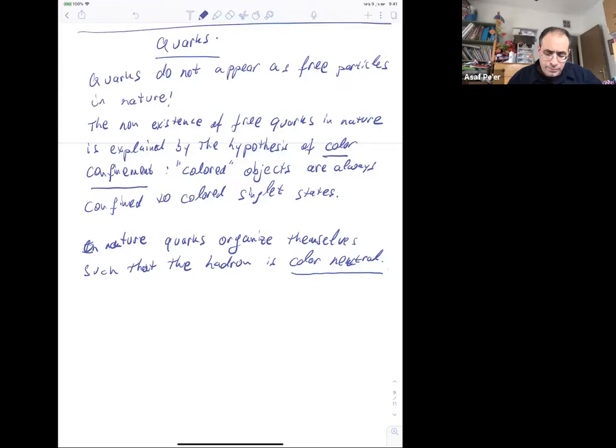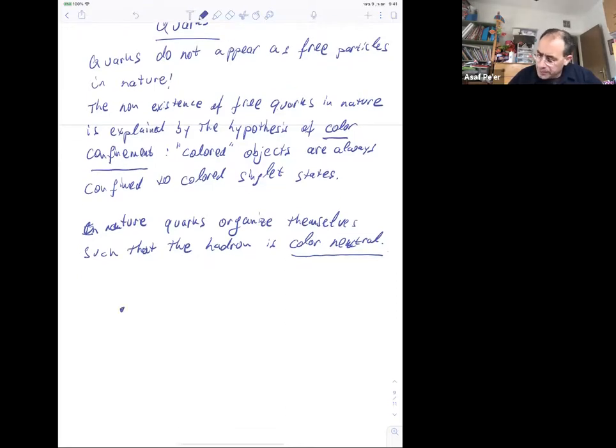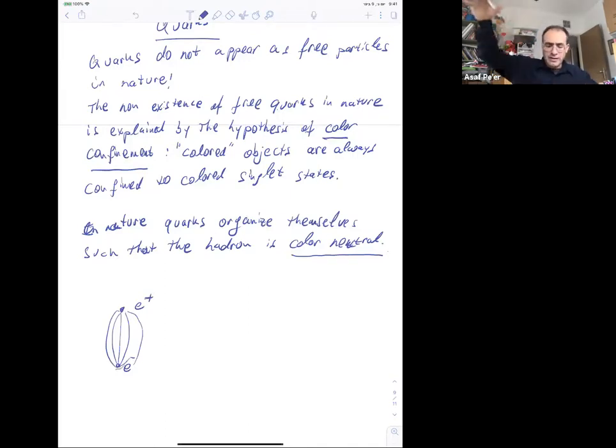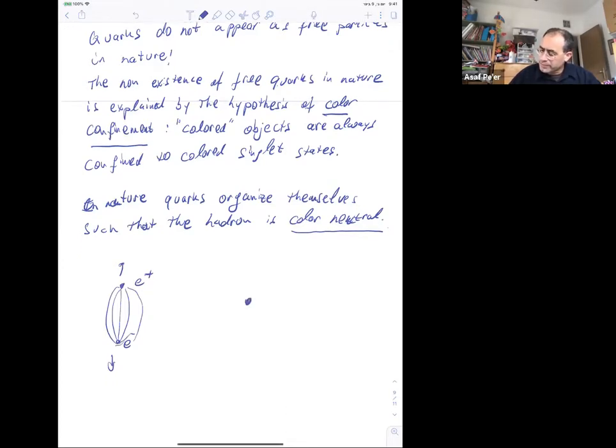let's say we have two charged particles, I mean electrons, and you have field lines which connect them. This is a very heuristic way. Now, if you take them apart, the field lines will spread. Now, what happens if you try to take two quarks apart?